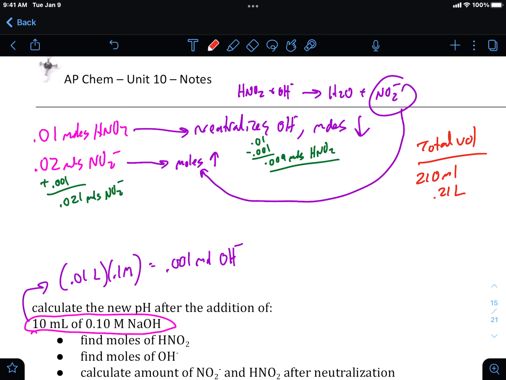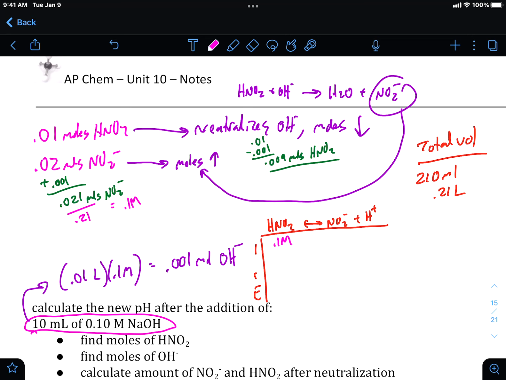All right, so let's work out our ICE table here. We need new initial concentrations. So 0.021 moles over 0.21 liters. Oh, that's just 0.1 molar. So that's our NO2 minus.